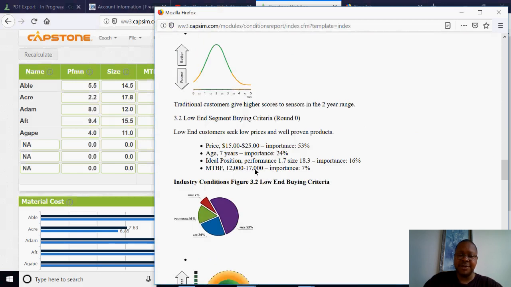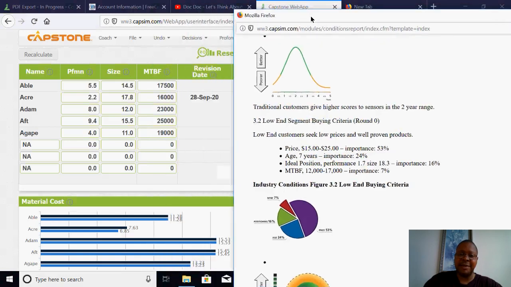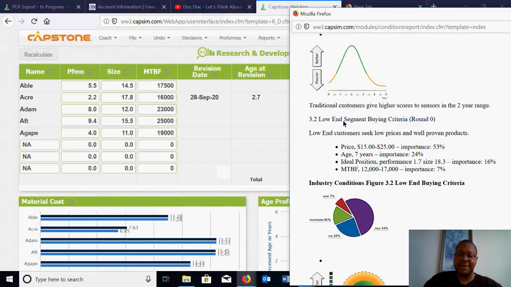So, if the range for the age of the product is 7 years, and I have mine at 2.7, that is well under that criteria. So think about it this way, just for R&D from this low-end segment, I have a very high-quality product, I have it in its ideal position, I have it within the range of importance.